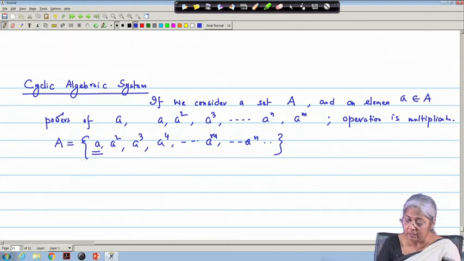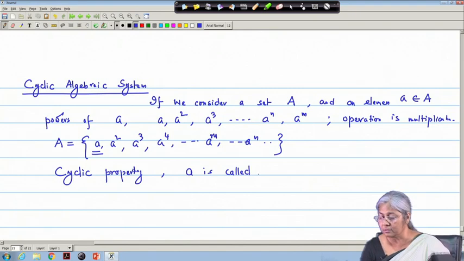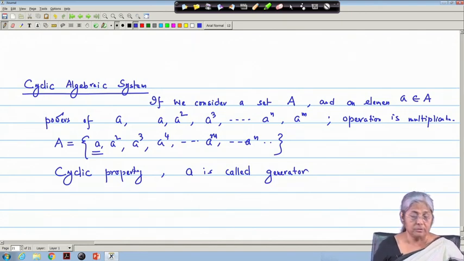So, in that case this has the cyclic property, and a is called the generator. Now, we define the cyclic monoid. Okay.